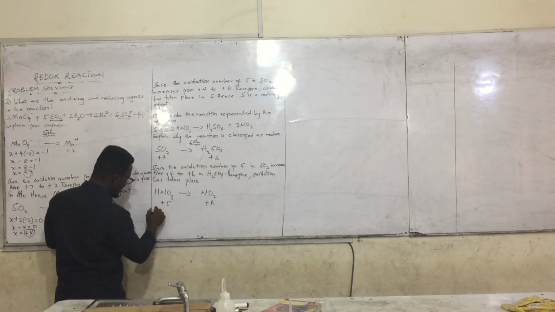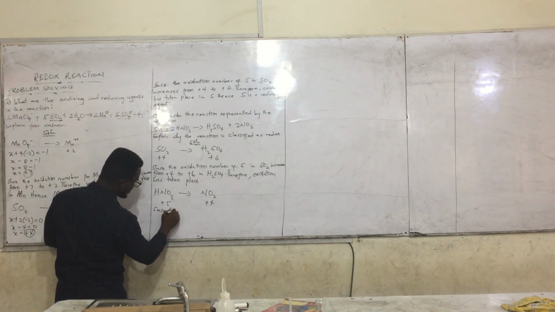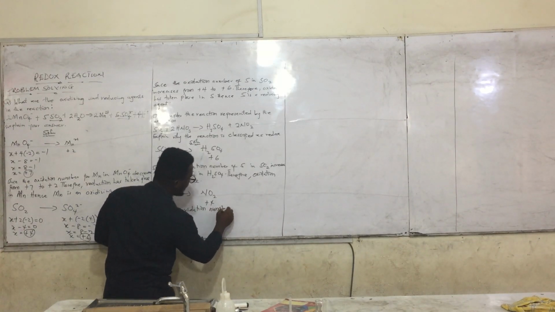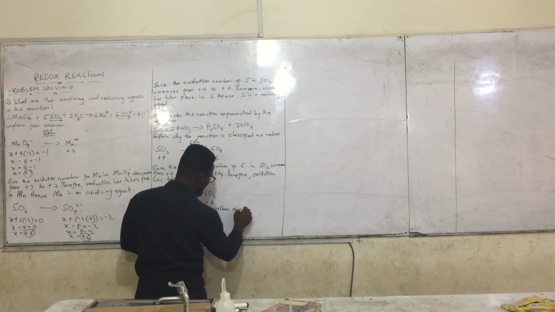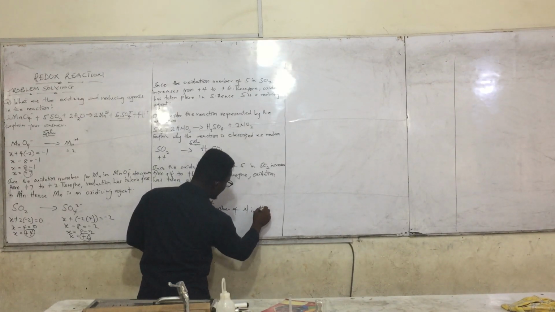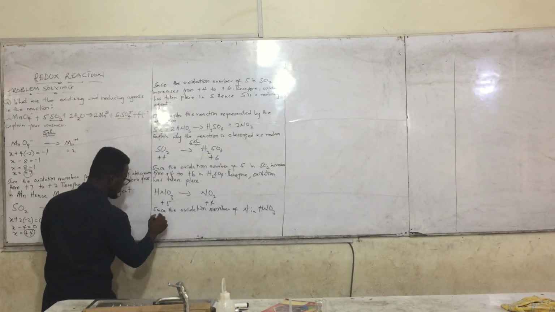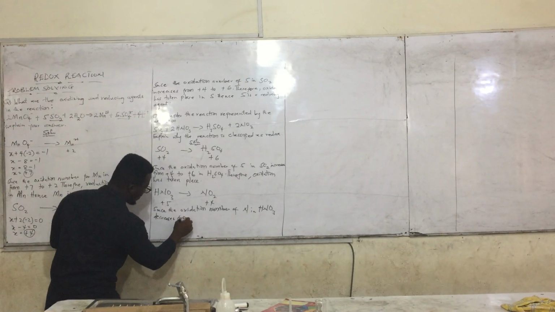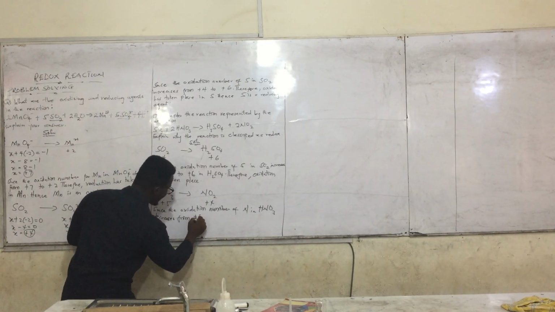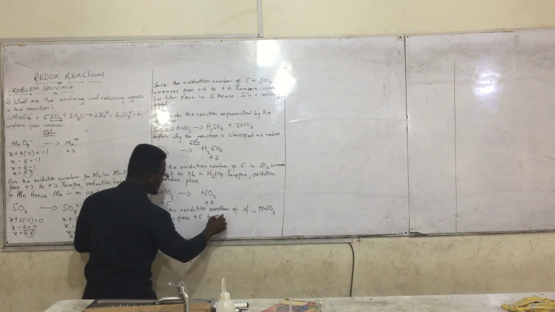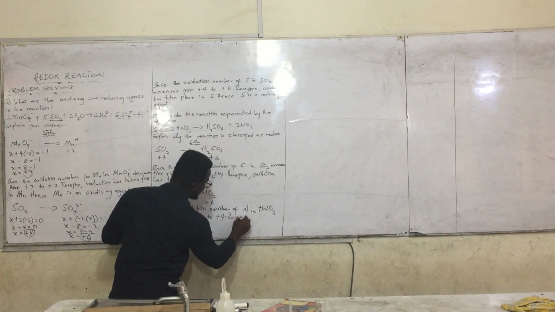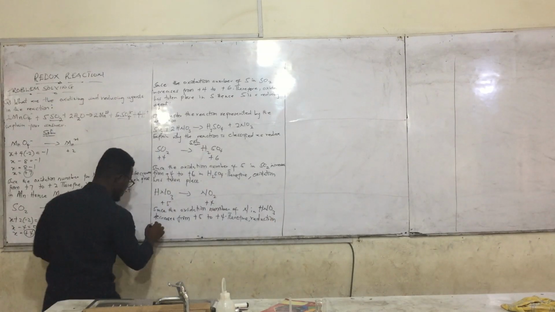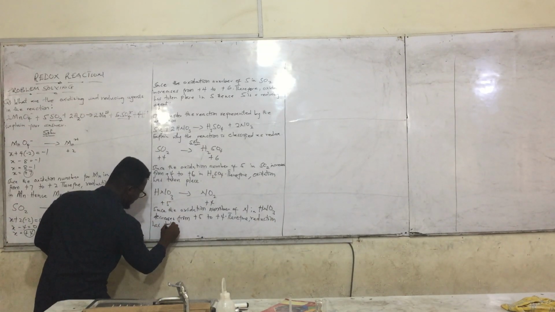So we can say that since the oxidation number of N in HNO3 decreases from plus 5 to plus 4, therefore, reduction has taken place.